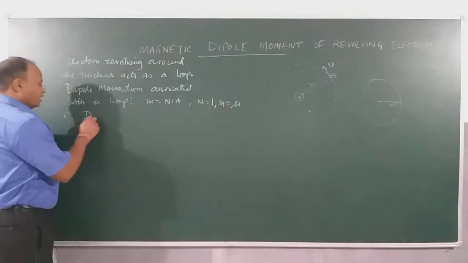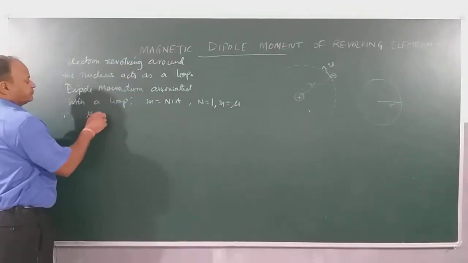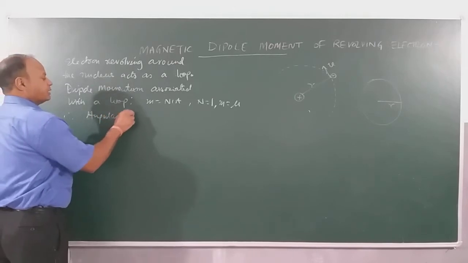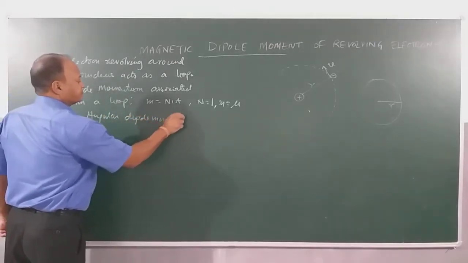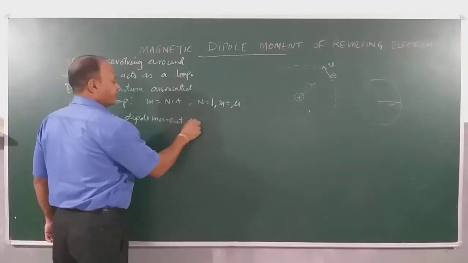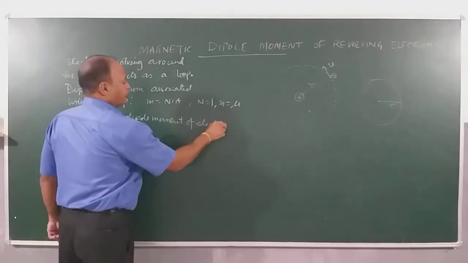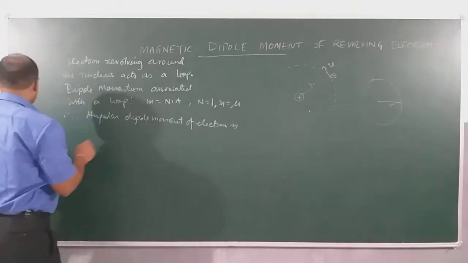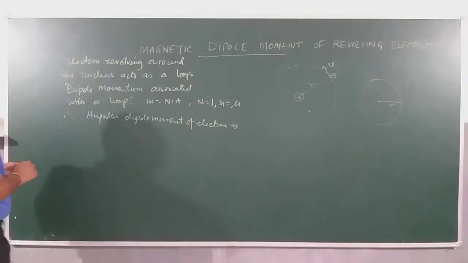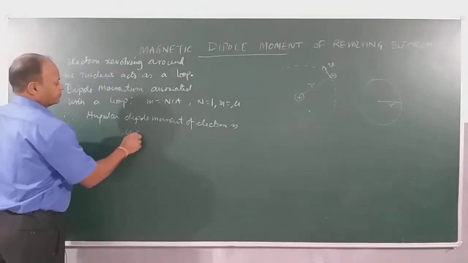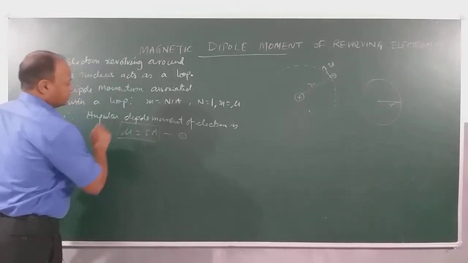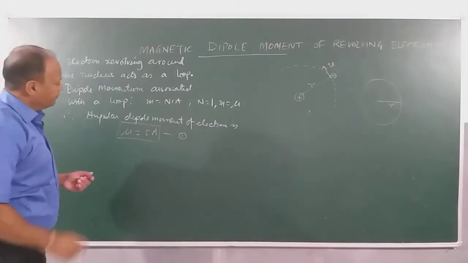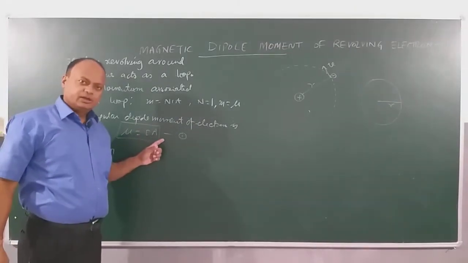Therefore, the angular dipole moment of the electron is mu equals I into A, right? N is 1. So I am going to put the value of I and I am going to put the value of A.